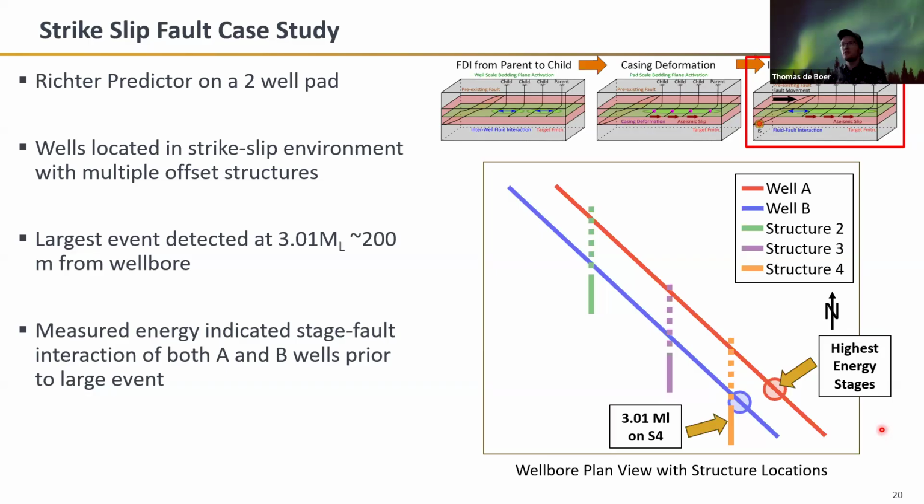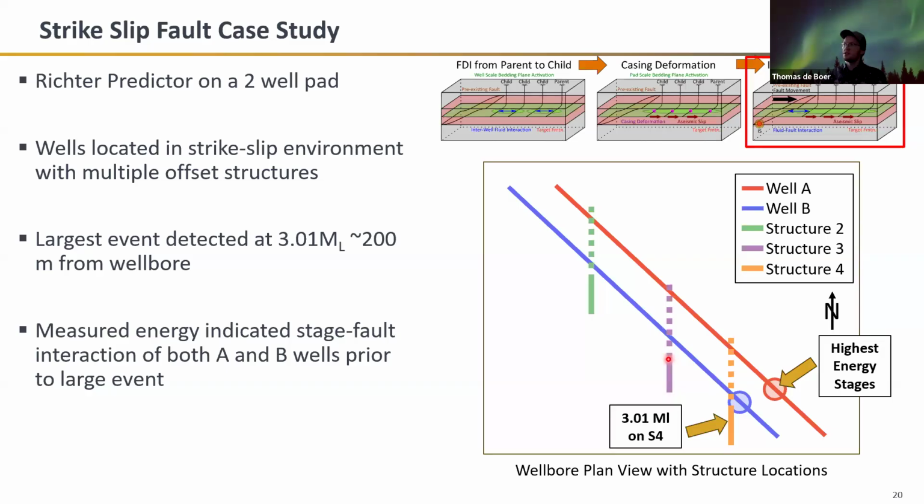In this case, we're looking at a two-pad well within the Duvernay Formation, and these wells were located in a strike-slip stress environment with multiple offset structures. You can see a simplified view of the pad here where we have these structures. There was another structure towards the toe, but we're focusing on the structures that are directly offsetting the well.